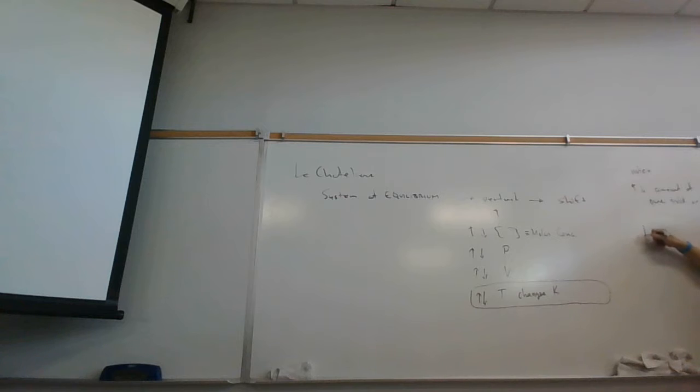Then we have increasing or decreasing pressure by adding or removing an inert gas. If we increase the pressure by adding, let's say, helium gas, and helium gas doesn't participate in the balance at all, then it's not going to upset anything.